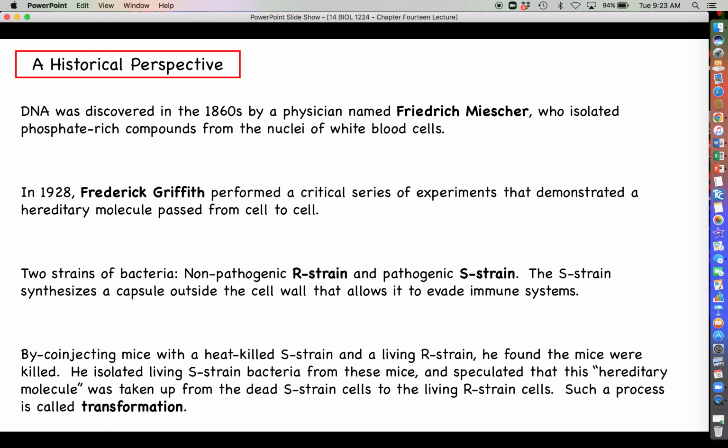So here is the experiment that he did, since he had both of these strains available to him. He took several different groups of mice, and he injected them with different strains of this bacterium. In one case, he heat-killed the S strain, so the very pathogenic strain.